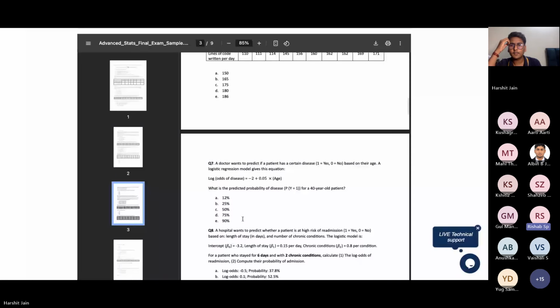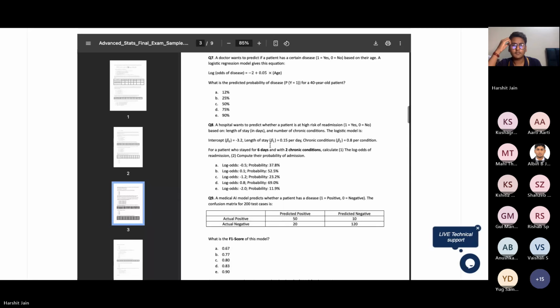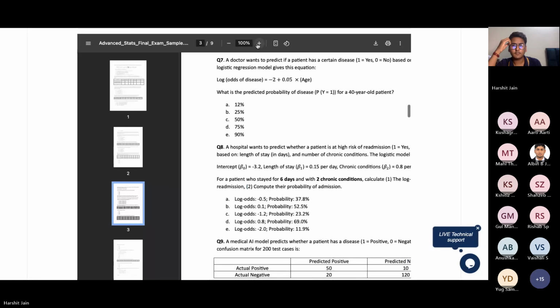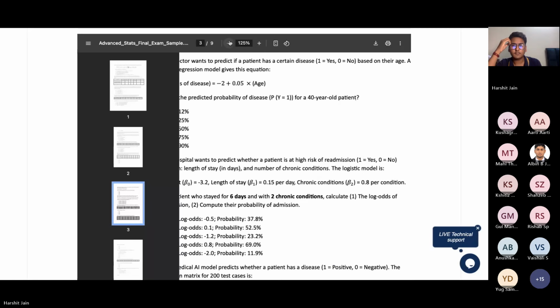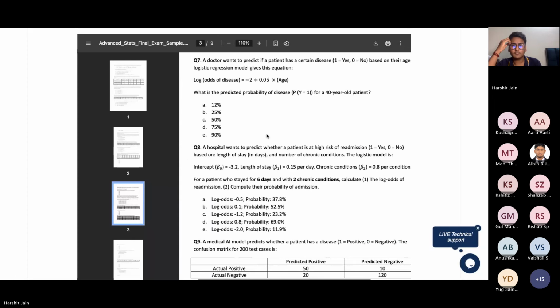Question 8, Harshit. A hospital wants to predict whether a patient is at higher risk of readmission, and it's 1 or 0, based on length of stay in days and number of chronic conditions.